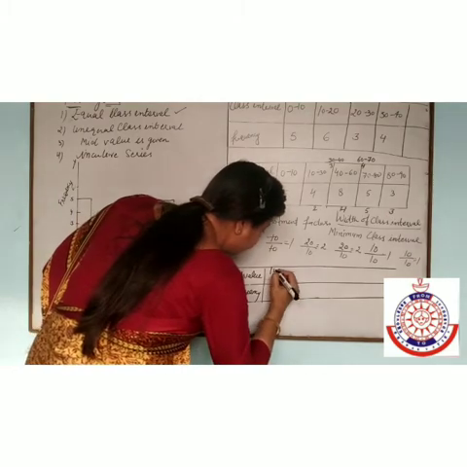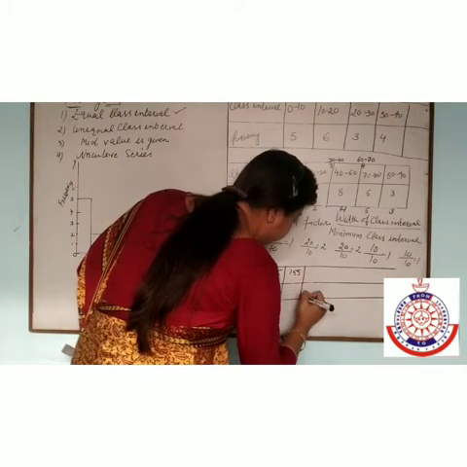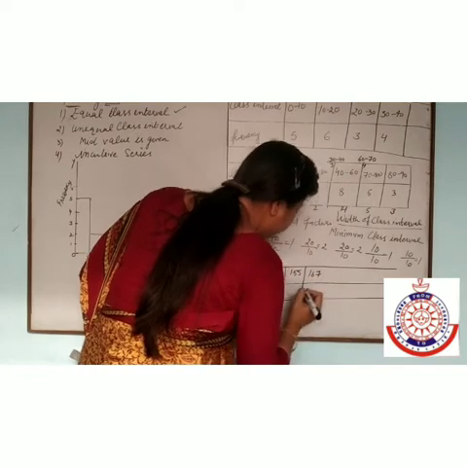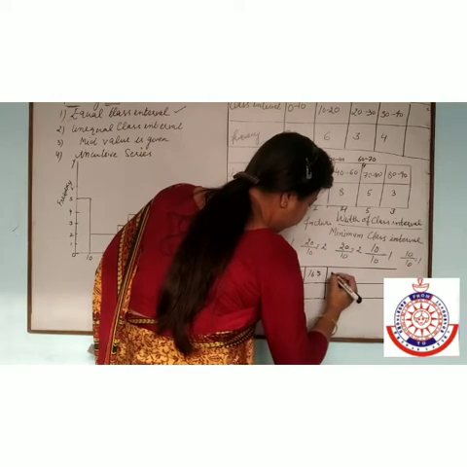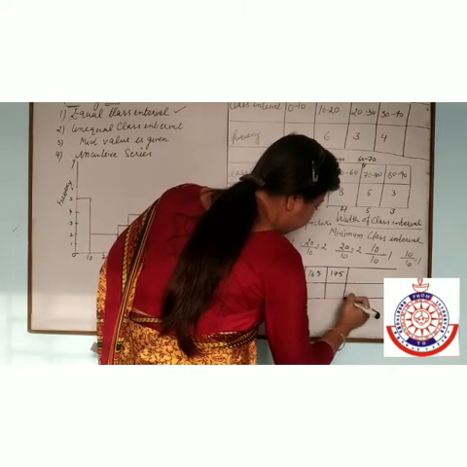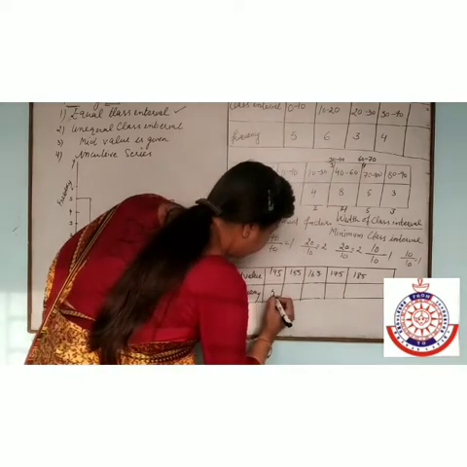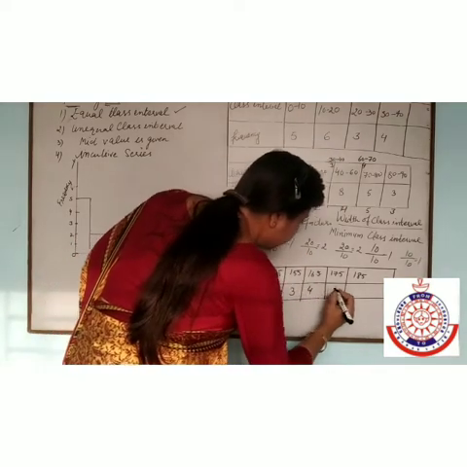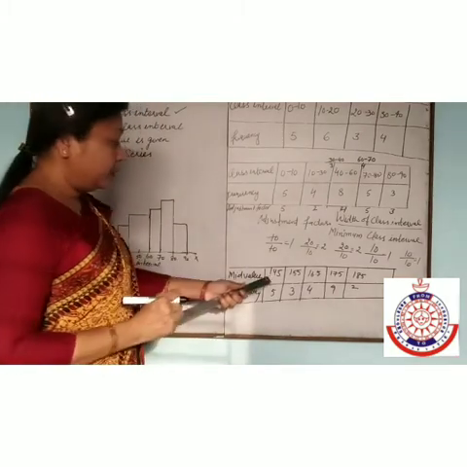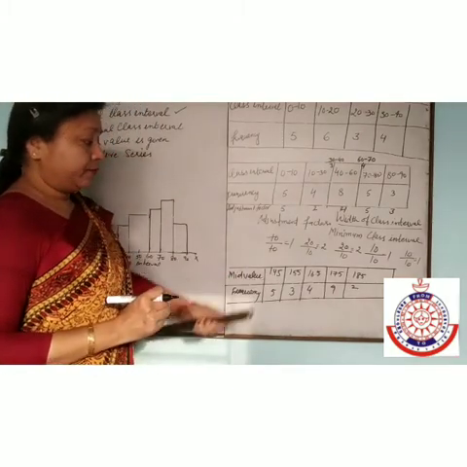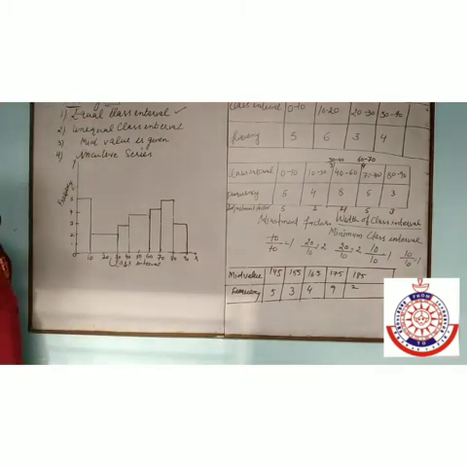Mid values are 145, 155, 165, 175 and 185, with frequencies 5, 3, 4, 9, 2. Now how can we convert this into class intervals?